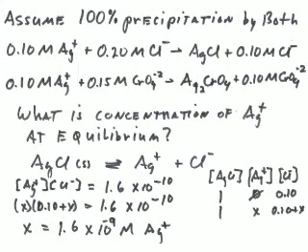So some of the silver chloride dissolves to give us some silver ions. x times (0.10 plus x) equals 1.6 times 10 to the minus 10. x is going to be 1.6 times 10 to the minus 9, since 0.10 plus x is going to basically be just 0.10. And so if there was nothing else other than silver and chloride in the solution, the concentration of silver ions would be 1.6 times 10 to the minus 9.